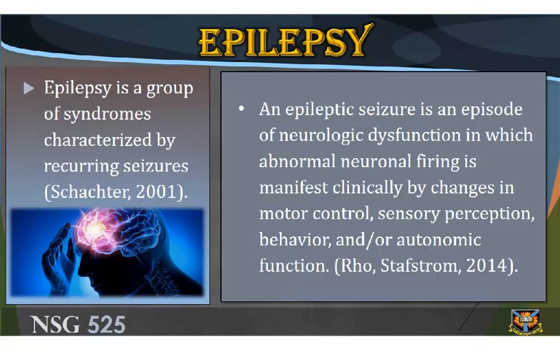Epilepsy. Epilepsy is a group of syndromes characterized by recurring seizures. An epileptic seizure is an episode of neurologic dysfunction in which abnormal neuronal firing is manifest clinically by changes in motor control, sensory perception, behavior, and/or autonomic function.